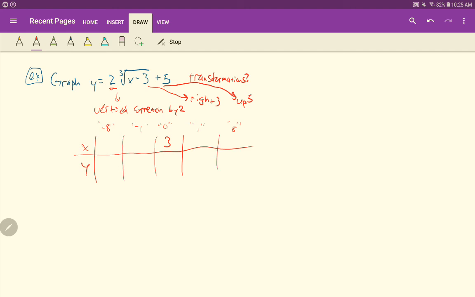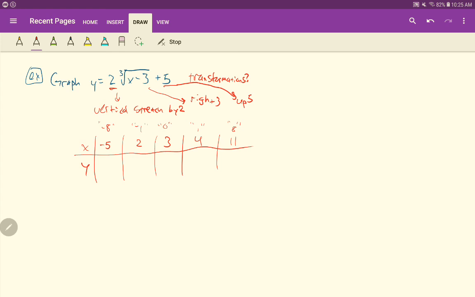All right, so these are all going to be shifted right 3. So right 3 from negative 8 is negative 5, 2 from negative 1, 4 from 1, and 11 from 8.